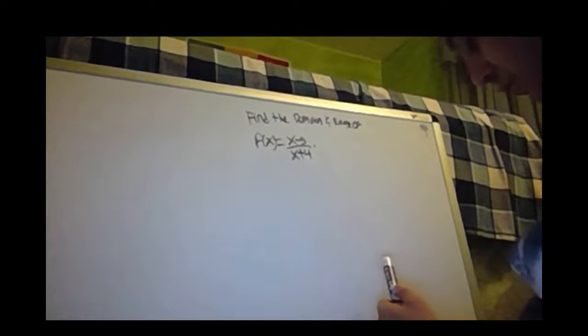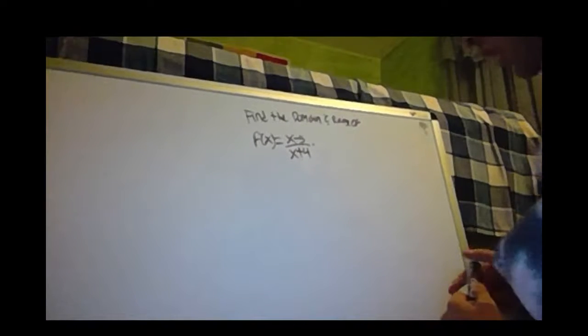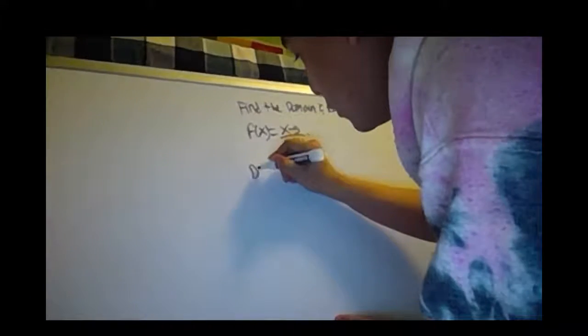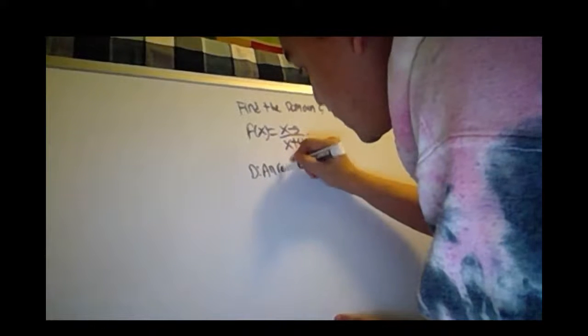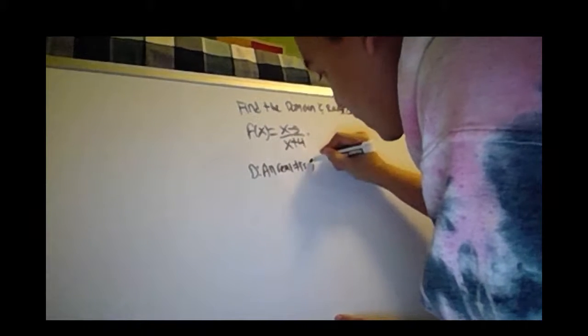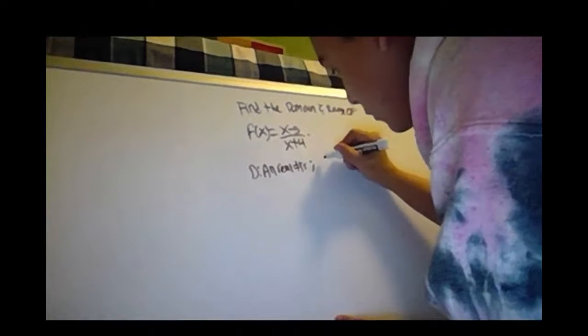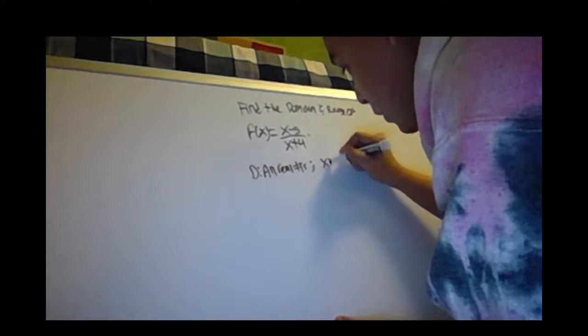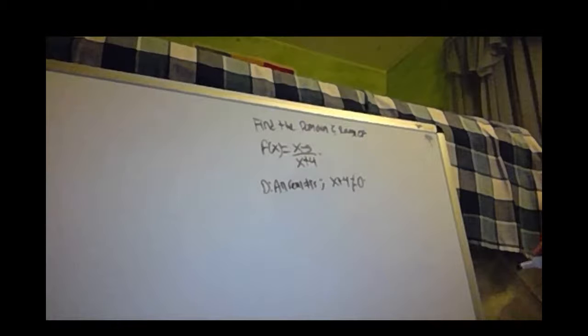So for the domain and range of this, basically you just have to set the denominator not equal to 0. So we can say that the domain is all real numbers such that, and this is the symbol for such that, at least that's how I write it, x plus 4 does not equal 0. Okay? That's how it would be.